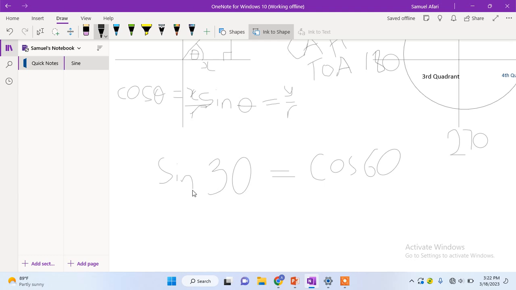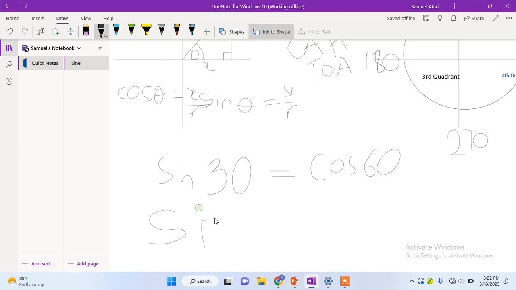But then this one is not sine 30 and sine 60, but rather sine 30 and cos 60. So when I ask you sine 25 is complementary with which angle, you should be able to tell me that it is cos 65. You get it? Because when you add 25 and 65, you should arrive at 90.